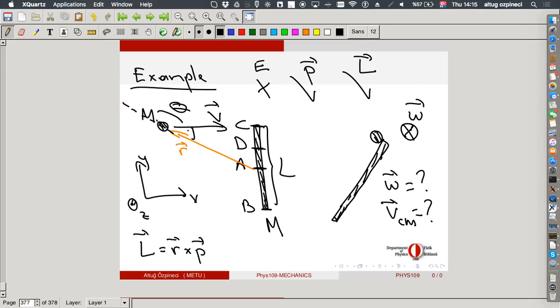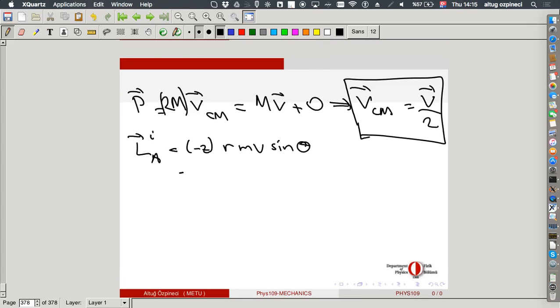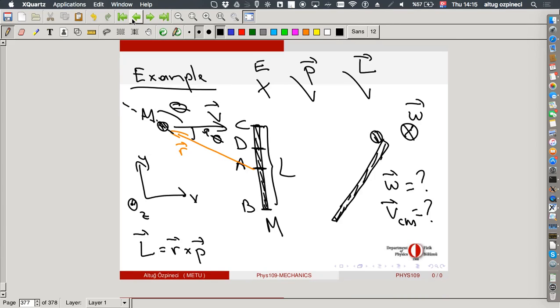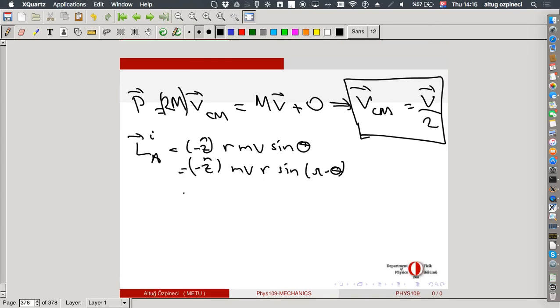Now if that is theta, this is pi minus theta. So this is equal to, in the minus z hat direction, mvR sine of pi minus theta. R times sine pi minus theta is nothing but this length over here, so it's L over 2. This is the initial angular momentum relative to the point A.